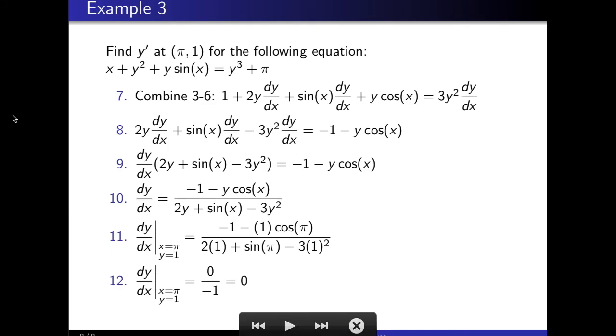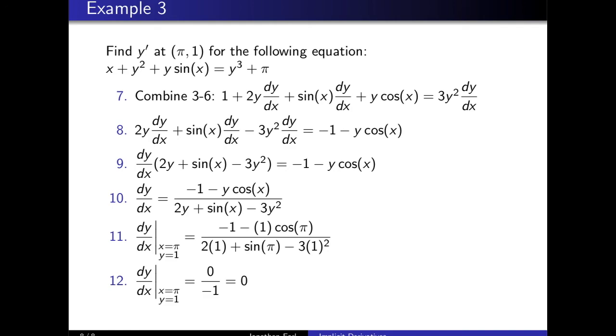Now what we said is that we want to find the derivative at a particular point. We want to find the derivative dy by dx or y prime at the point x equals pi and y equals 1. So again, we'll take our expression for dy by dx and we'll put in x equals pi, y equals 1. Okay, so when we do that, what we see is our numerator is going to be minus 1 times cosine of pi.